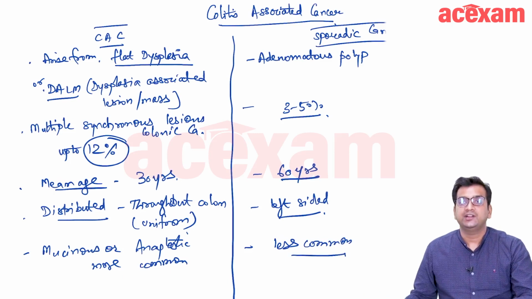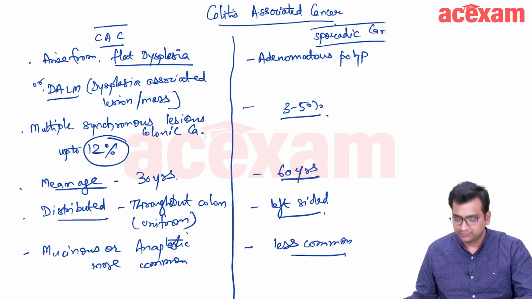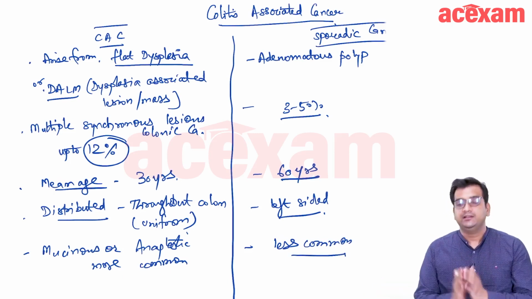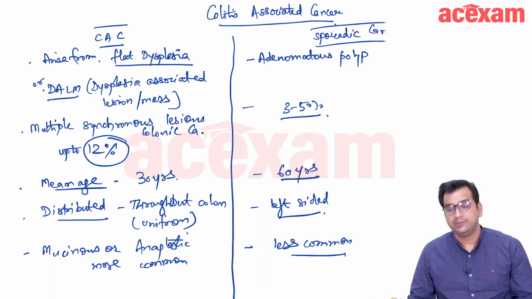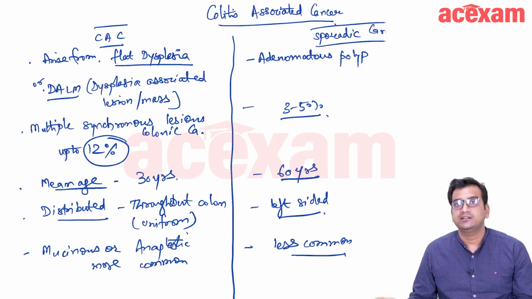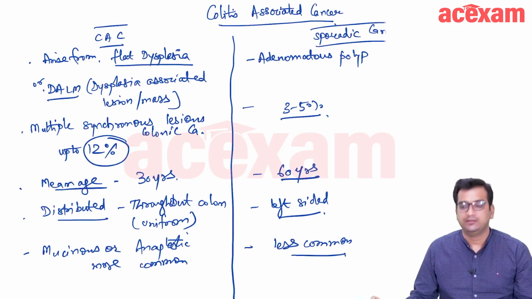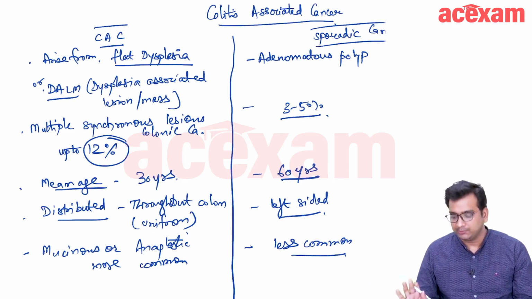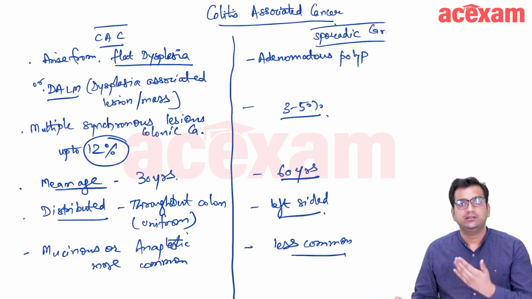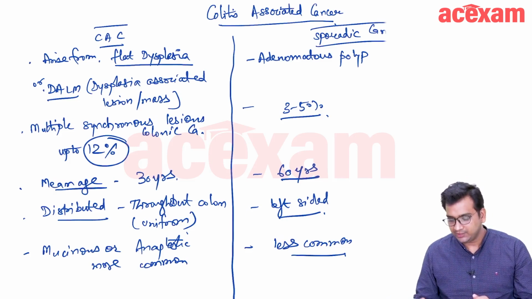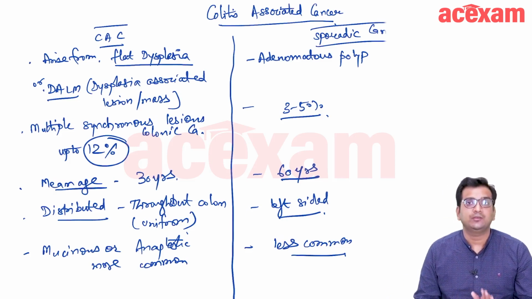Okay, so these are important differences between sporadic and colitis associated cancers. In sporadic, which we all know, it is mainly adenomatous, mainly left-sided, seen generally at the age of 60 years or more. Sporadic lesions are seen in only 3 to 5% cases, and mucinous lesions are less common. Whereas in colitis associated cancer, it arises from flat dysplasia or DALM. There are multiple synchronous lesions seen up to 12%. Mean age is 30 to 40 years, distributed throughout colon uniformly, and mucinous or anaplastic variants are more common.